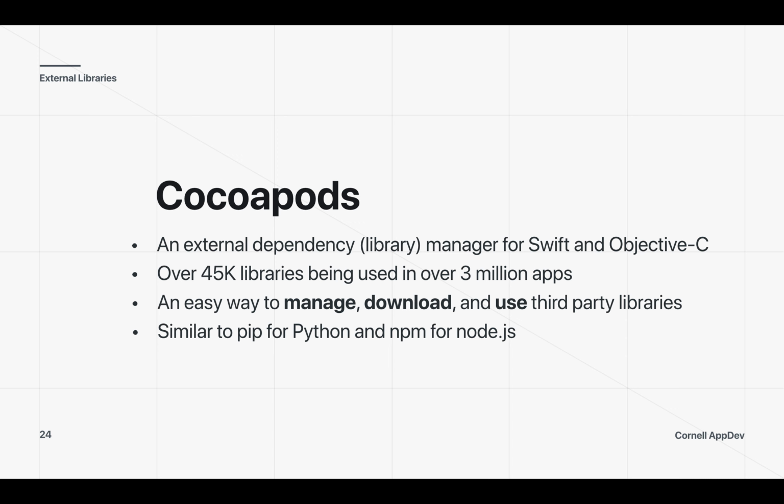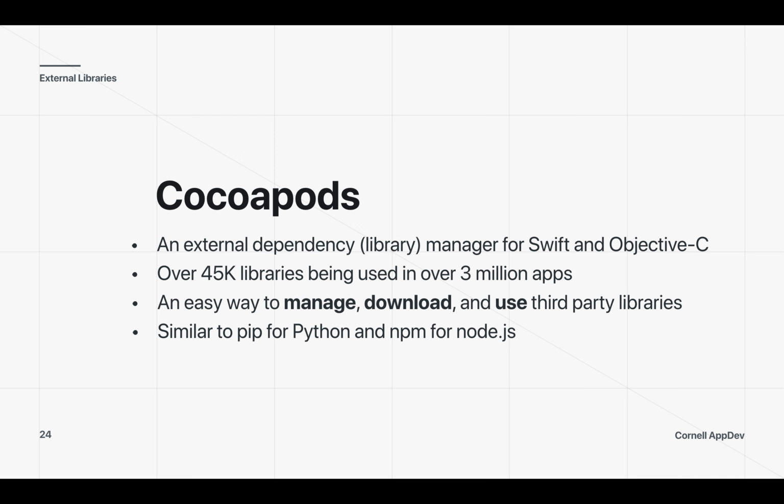So CocoaPods is an external dependency or library manager for Swift and Objective-C. CocoaPods houses over 45,000 libraries that are currently in use in over 3 million apps, and it provides an easy way to manage, download, and use third-party libraries. If you're still a little confused about what this means, it's a little similar to pip for Python and npm for Node.js.